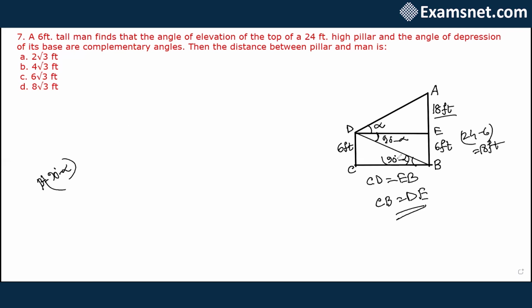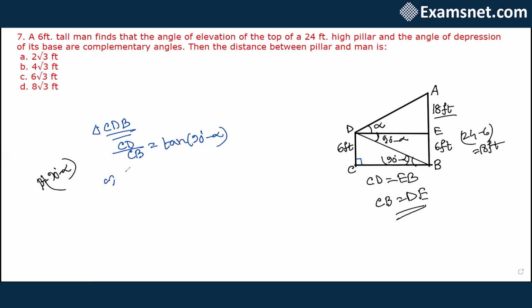First, consider this triangle CDB. From CDB, angle C is 90 degrees. We can write CD by CB equals tan of 90 degrees minus alpha, correct?